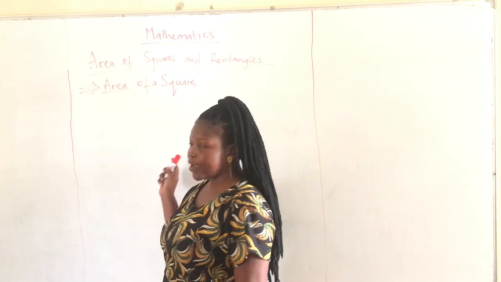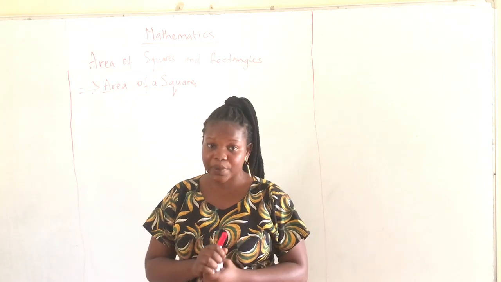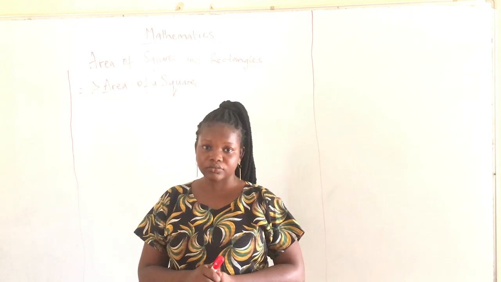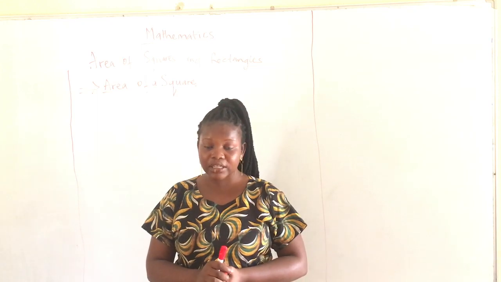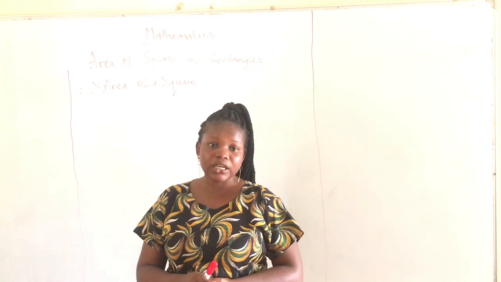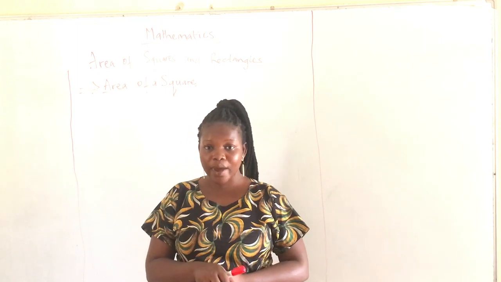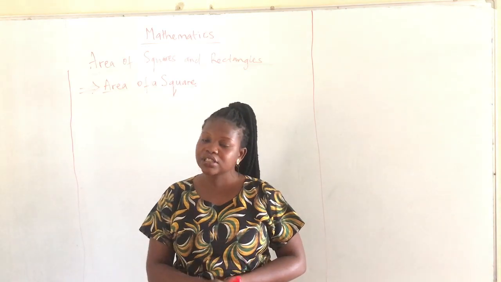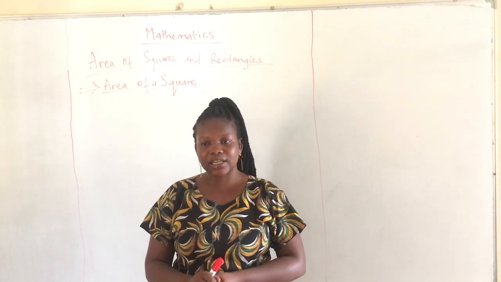Now we said area of a square is simply the amount of space covered by a square depending on its length. The area of any shape is measured in square centimeters or square meters.